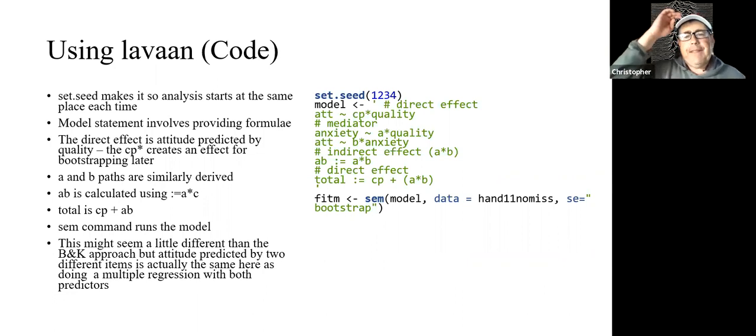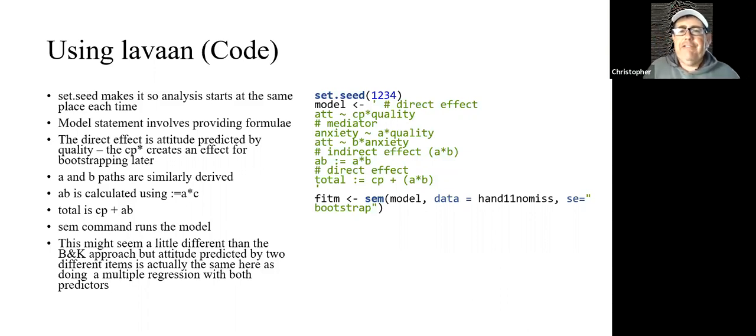All right, next up is using Lavaan. In Lavaan, and we've seen this before, we build different models that have a variety of different equations in them. And then we feed that to Lavaan, and it runs our analyses for us.